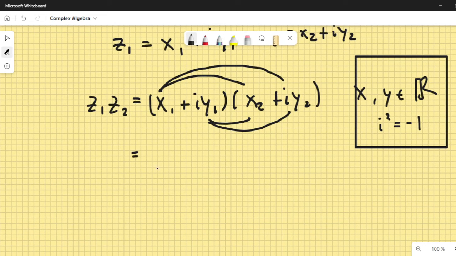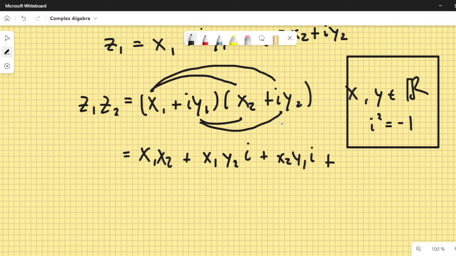So you have x1 x2, plus x1 y2 i, plus x2 y1 i, and finally i squared y1 y2, because it's y multiplied by y, and i multiplied by i is i squared.